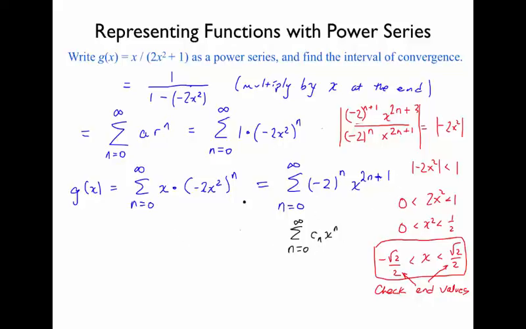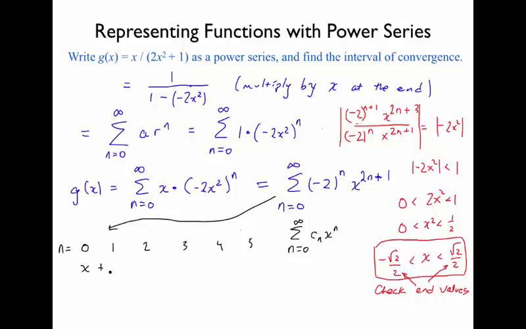So this right here, when n equals 0, negative 2 to the 0 is 1, you get x. Is that right?